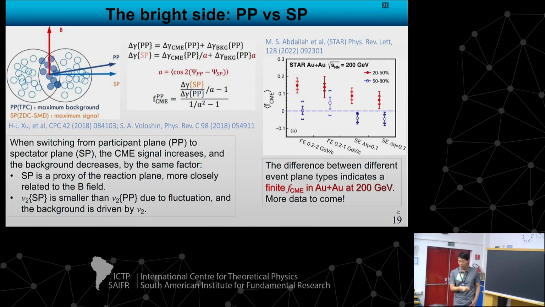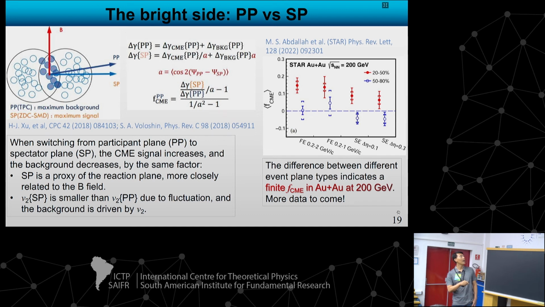For the last two slides, I will show some bright side. We do have some method improvement. For example, we can compare measurements using the spectator plane and the participant plane. They have different sensitivity to the signal and to the background. So in the end, we can have an FCME related to these two measurements and their ratio.